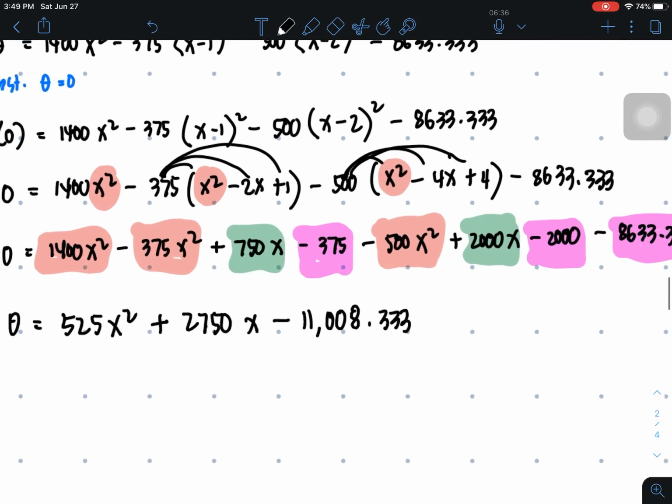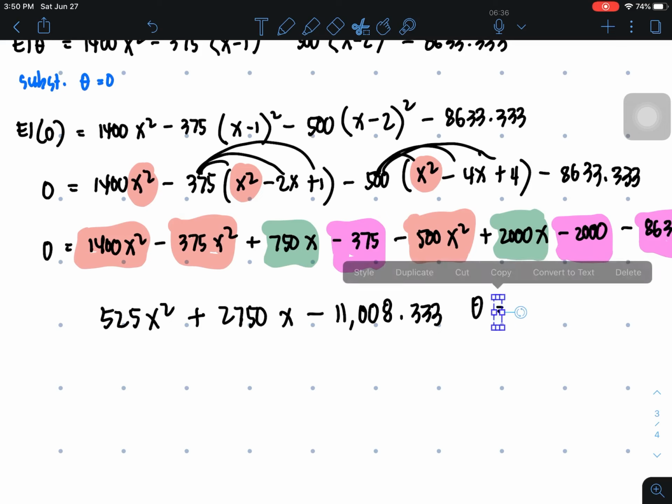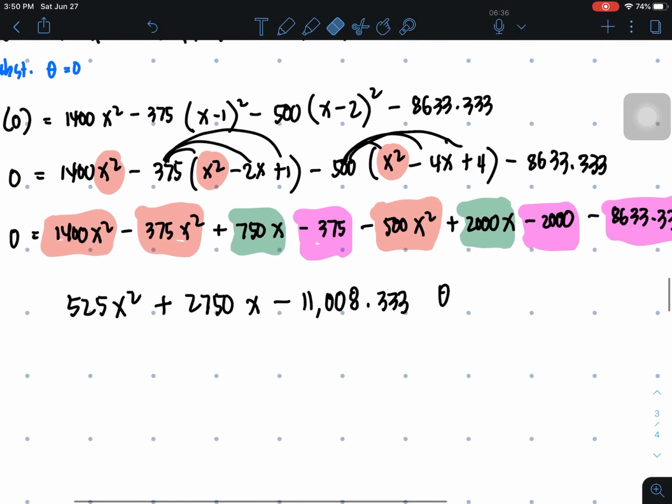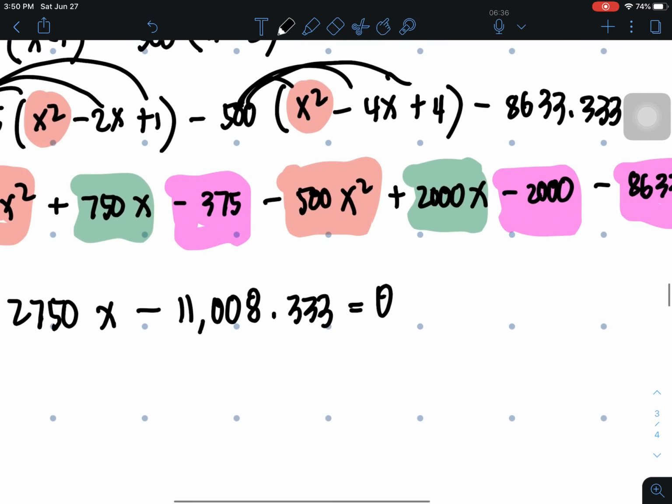Okay, so this is now a quadratic equation. So let's just transfer it, and delete this. So this is equal to 0.